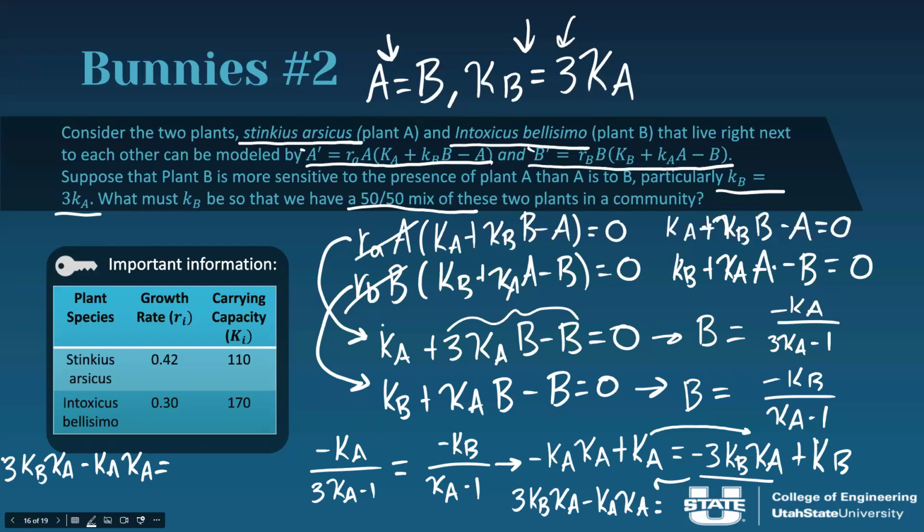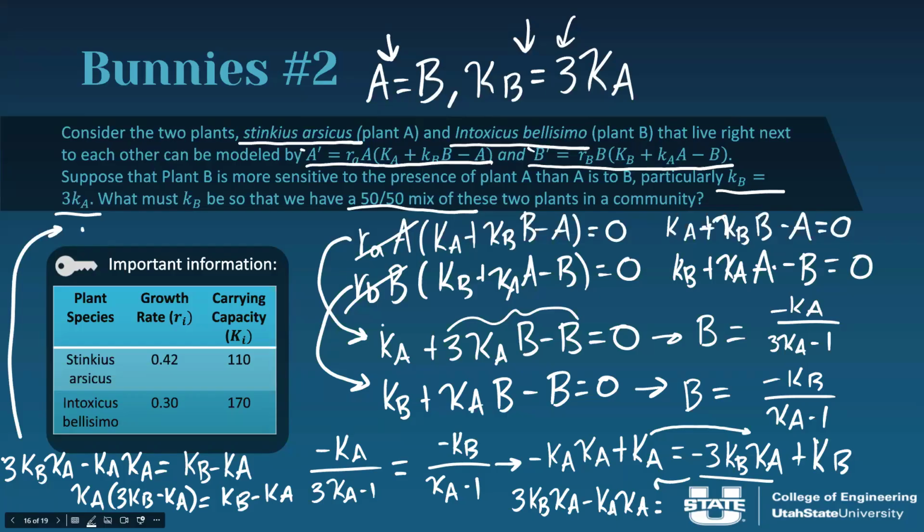So then we have over here Kb minus Ka. Did I get that right? So now kappa A times (3 Kb minus Ka) equals Kb minus Ka.